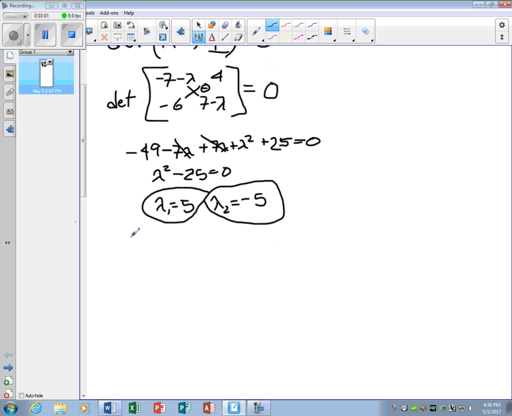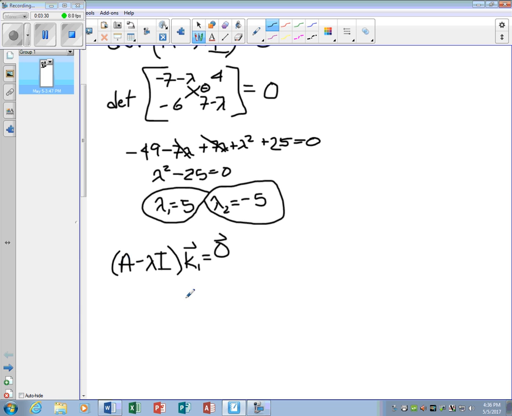Okay, from there, now we are going to use another equation. So A times K equals lambda K, and K is a vector. So K1 is going to be our first value, and it's going to equal 0, and 0 is a vector.